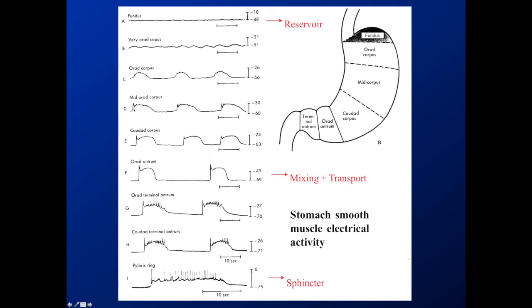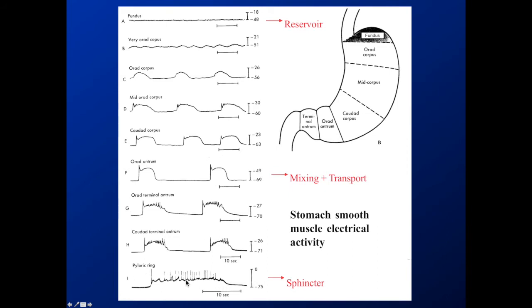And then as you go down through it, you'll see that these slow waves become greater and greater, and then down into the antrum you start to see the action potentials showing on them, and then the pyloric ring has many on the top. And this is consistent with, as you go further and further down into the stomach, the contractions becoming greater and greater, and so the bottom of the stomach is where most of the grinding and mixing occurs.